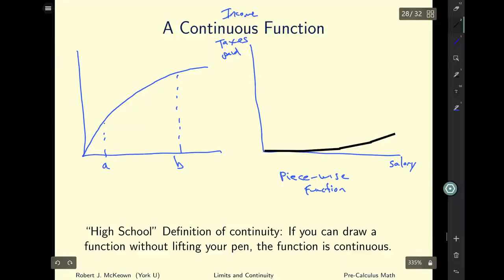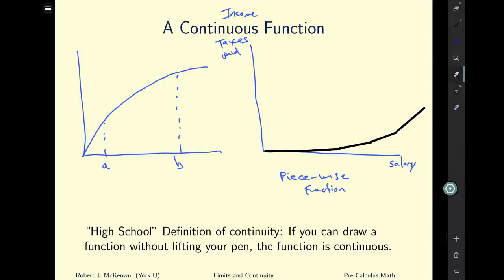And so you end up having this kind of kinky function that looks like that. So as your salary goes up, you move into higher tax brackets. So both these functions look a little bit different, and they have different qualities, but they're both continuous.